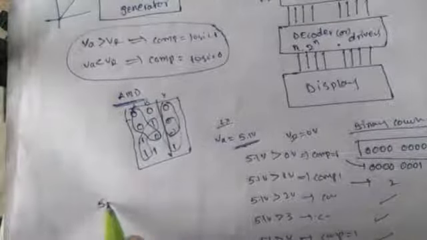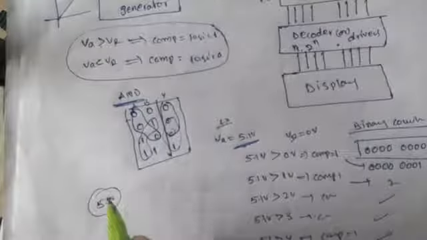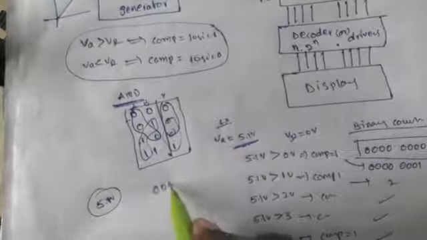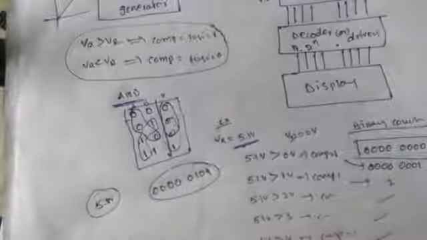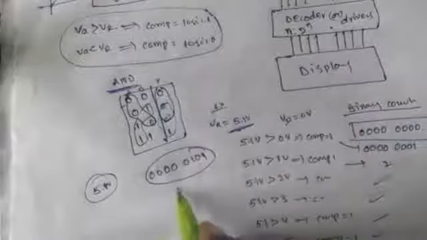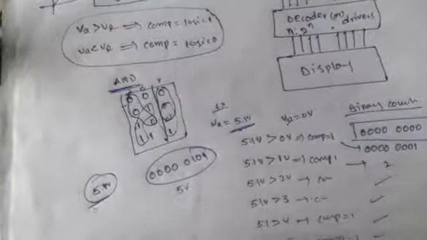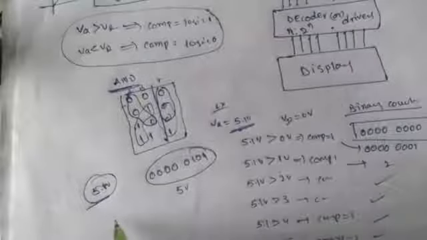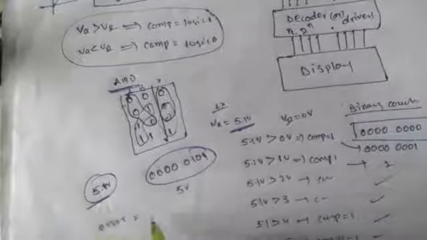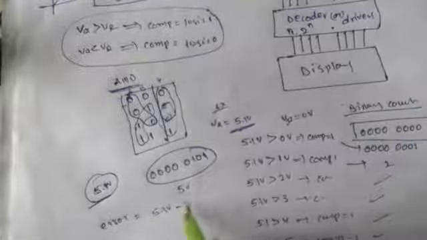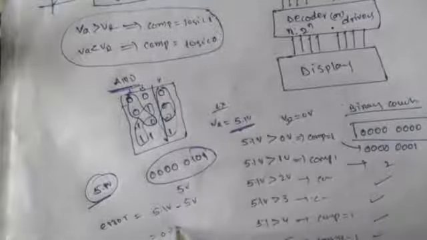So for the 5.1 volts, our binary counter will be 0 0 0 0 0 1 0 1, and this value will be produced. This value is nothing but 5 volts, while the actual value is 5.1 volts. So the error is expressed as the actual value, 5.1 volts, minus the obtained value, which is 0.1 volt.